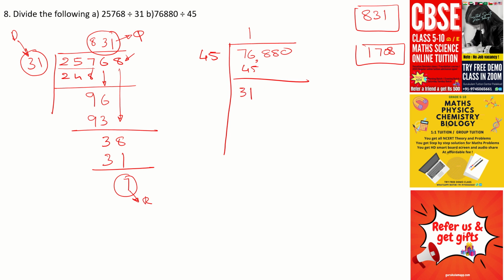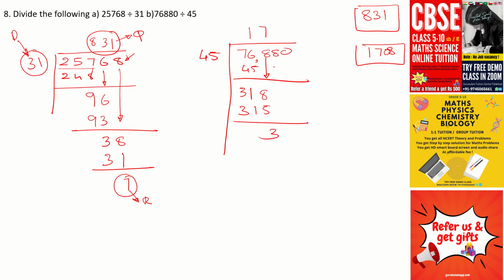All right, 31. Now we are going to take one more value here, so it is going to be 318. But 45 into 7 is 315. So 8 minus 5 is going to be 3 here.